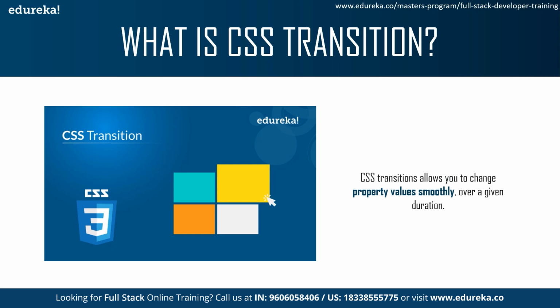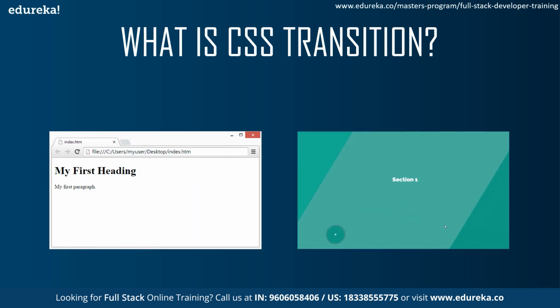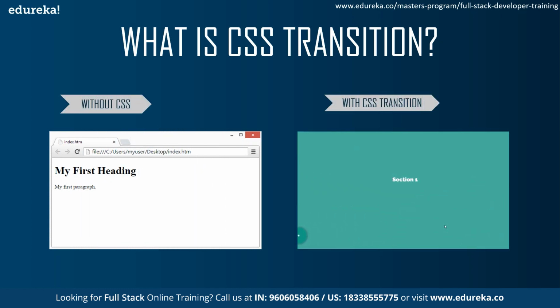This can happen with a certain set of properties over a specific period of time. Here you see a web page that is designed without CSS or any kind of styling properties versus a web page which has the transition property. This is a brief about CSS transitions. We'll get to know more about it going ahead in today's session.